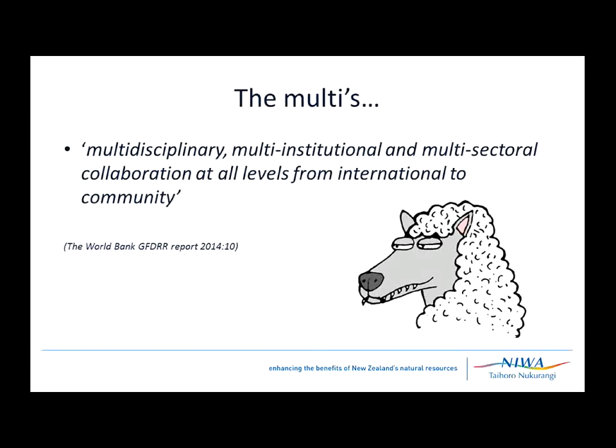So in the documentation, just taking you right back to the beginning of the presentation, this is a report that recently came out from the World Bank around risk modeling tools, giving us guidance around what should be happening. And this is a genuine quote that I haven't changed. So it should be multidisciplinary, institutional, multi-sectoral, collaboration at all levels from international to community. So off you go and do that now. Now I think the idea behind this is obviously very good, but is it a bit of a wolf in sheep's clothing, okay?